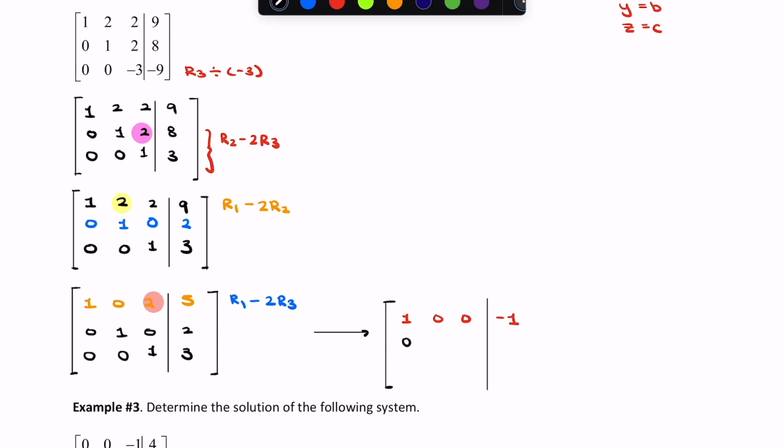Row 2, we have 0, 1, 0, and 2. And row 3, we have 0, 0, 1, and 3. This represents our x value, this represents our y value, and this represents our z value. So therefore our point of intersection will be -1, 2, and 3.